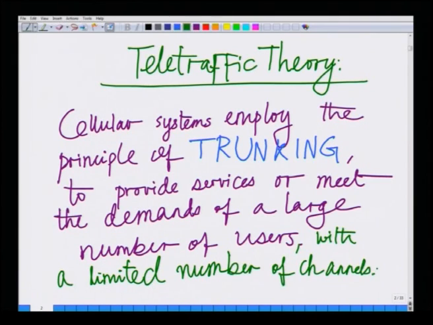So, trunking is nothing but the principle where the traffic demands of a large number of users are met with a very limited number of channels in the communication system. It can be used in PSTN, or also in a wireless cellular system.